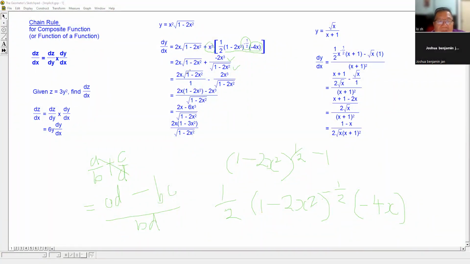So I multiply these two, this one with this. I multiply the 1 with 2x cubed. Now, when I multiply this diagonal here, the A and the D, the square root multiply with the square root, square root is actually to the power half. Then the other square root is actually to the power half.